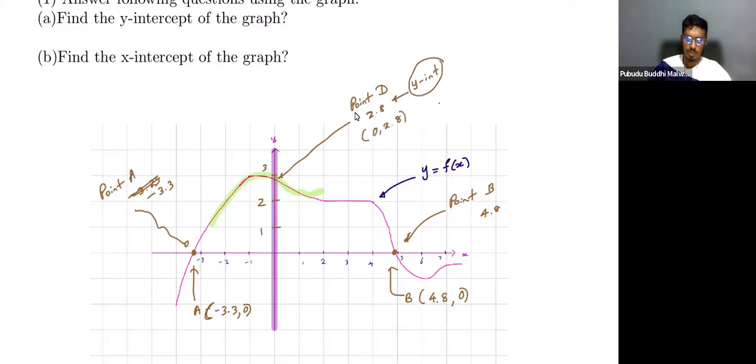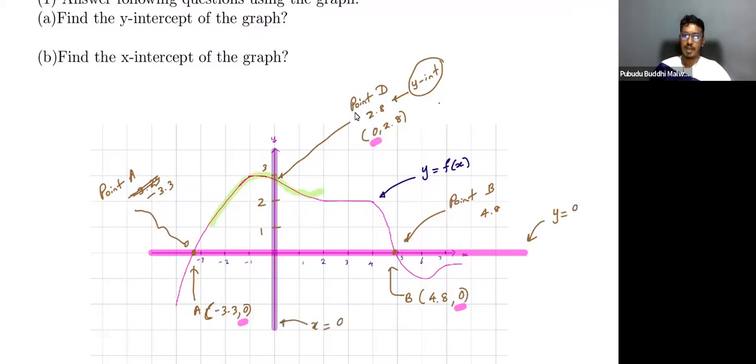Those are very important ideas here. The x value equals 0 for the y-intercept point. The y value equals 0 for the x-intercept, because this is the x-axis. In other words, what's the equation of the x-axis? That is y equals 0. And the equation of the y-axis is basically x equals 0.